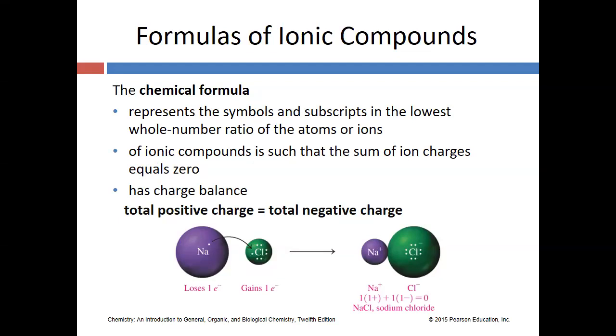When it comes to chemical formulas for these ionic compounds, we have to understand what a chemical formula is. A chemical formula represents the ratio of one element to another element inside of a substance, inside of a compound.